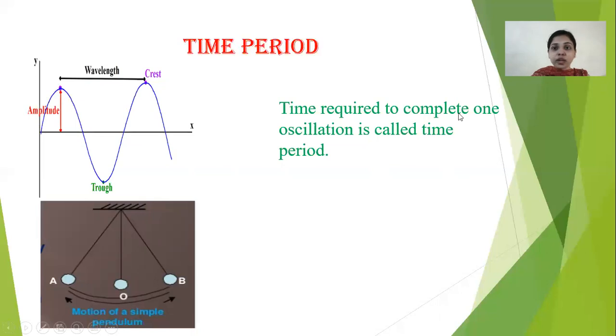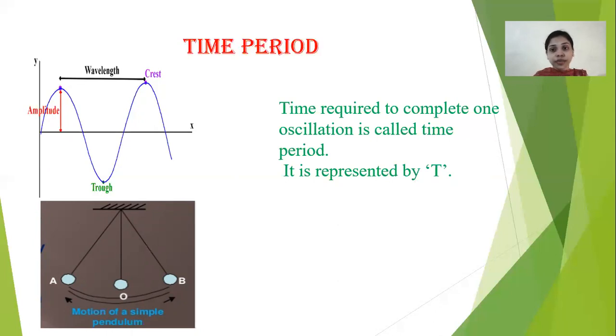So the time required to complete one oscillation also we can say that. Here the oscillation means if it starts from A to B and again back to A, this is one oscillation. So how much time it requires to complete this one oscillation is called its time period. The time period is always denoted by capital T. Okay. So make a difference between the frequency and the time period. Frequency is the number of waves or number of oscillations performed by a particle per second.